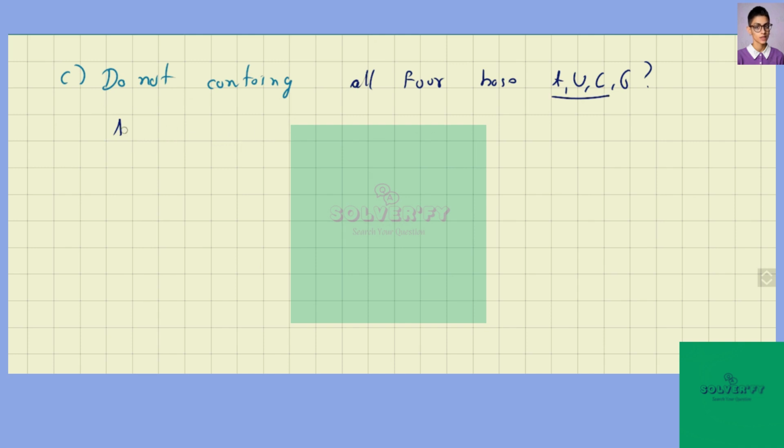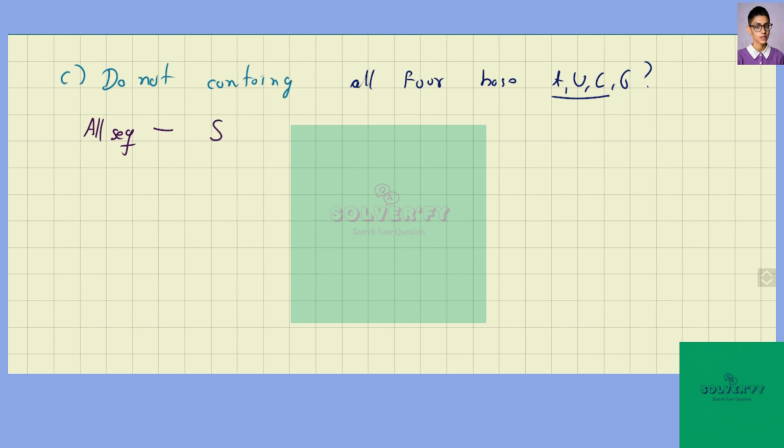In this case, again, we're going to use the same procedure as the previous ones. We're going to count first all the possible sequences, and we're going to subtract all the sequences that have the four bases.